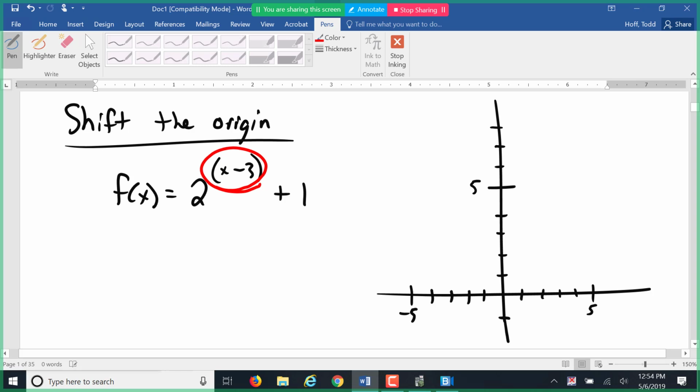What happens to x, we do the opposite of that. That is minus 3, so that means we go to plus 3. This plus 1 then shifts us up 1. So our origin is moving from 0, 0 to the point 3, 1. Remember, technically this would be y minus 1 equals 2 to the x minus 3. So it shifts the origin to 3, 1.